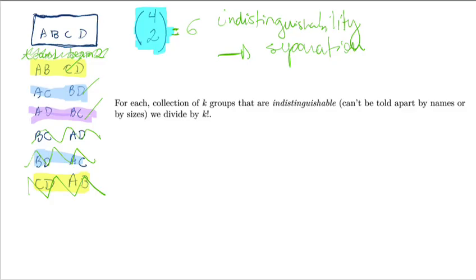So here it is. I just copied it. And what we do is, for a collection of k groups that are indistinguishable, we divide by k factorial.